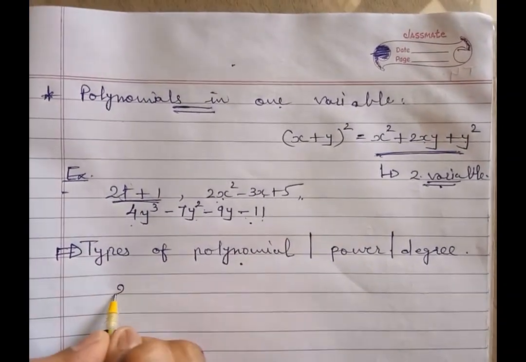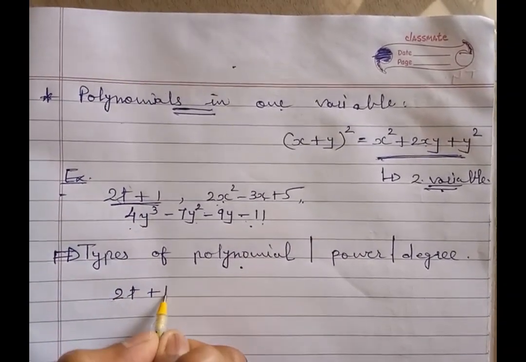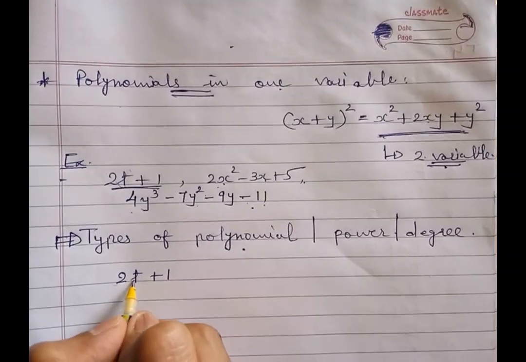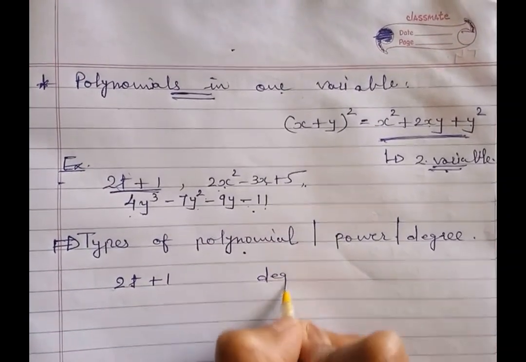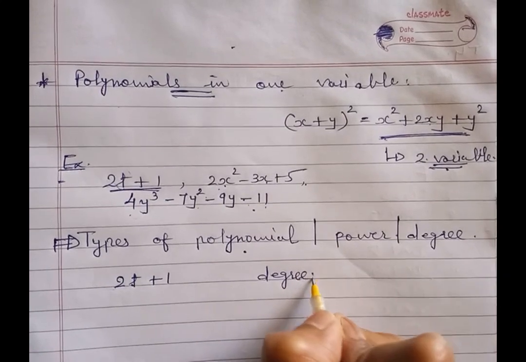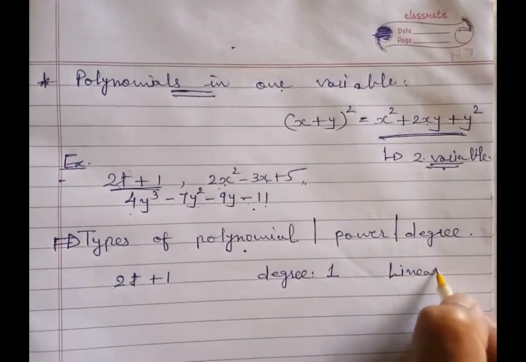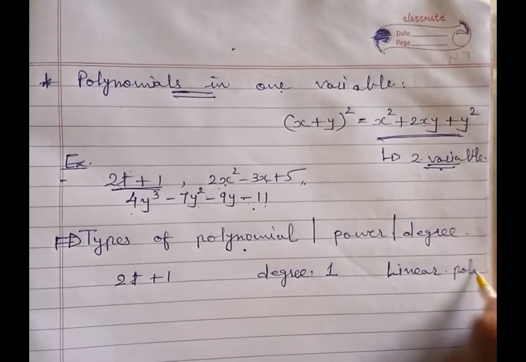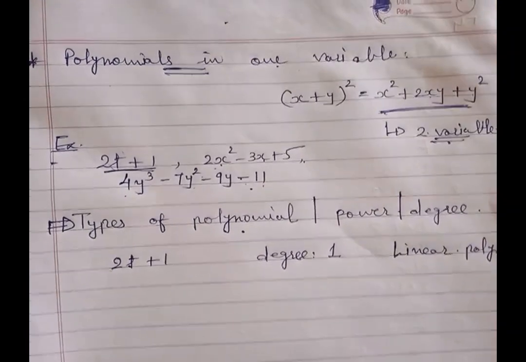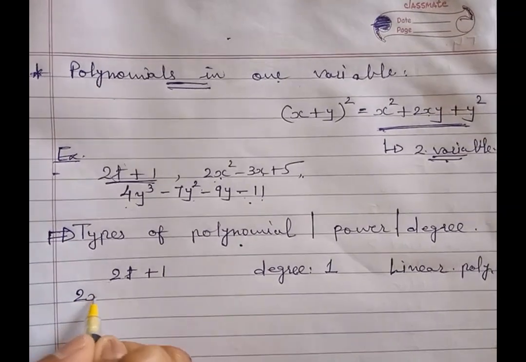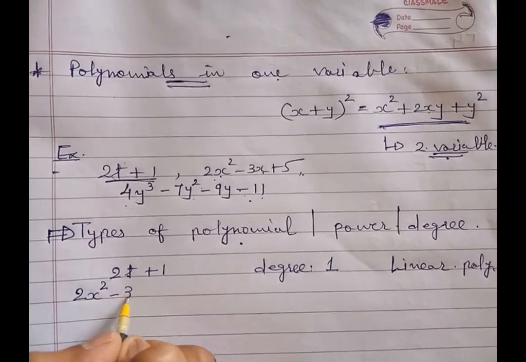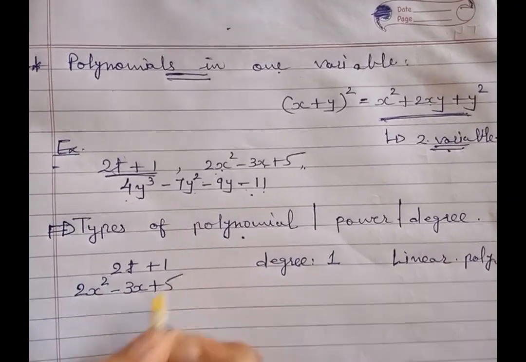Now see the first one, 2t plus 1. What is the degree? Here the degree is 1, and because of that it is known as linear polynomial, right? Another one, 2x square minus 3x plus 5.